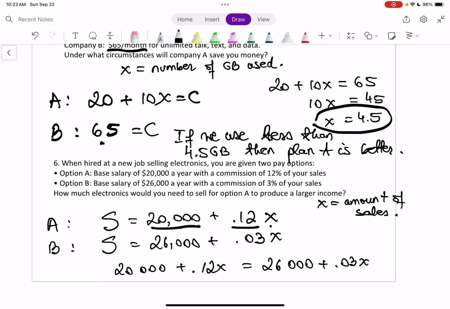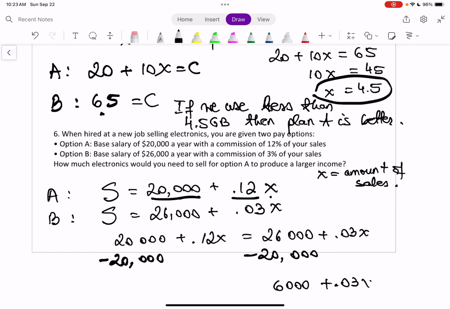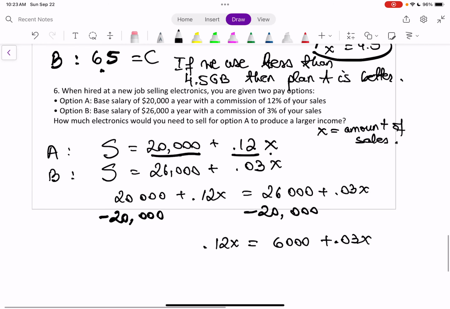All right, so we'll get the constants to one side. So I'm going to subtract the 20,000 over. So again, this is why we so nicely practiced at the beginning of this chapter, because this kind of problem does keep coming up. Then I'm going to subtract the 0.03 over, to get the variables to one side.